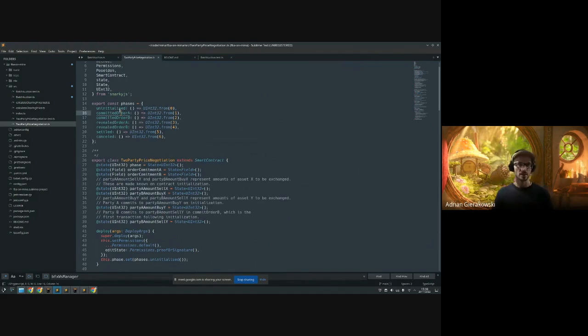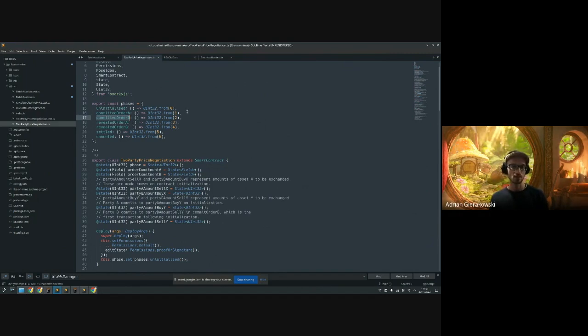It's deployed and initialized with a commitment from party A. Then some party B comes along and can commit to say, okay, I'm going to buy that amount of the asset you want to sell, and I'm going to commit to a certain price, which is also secret at this point.